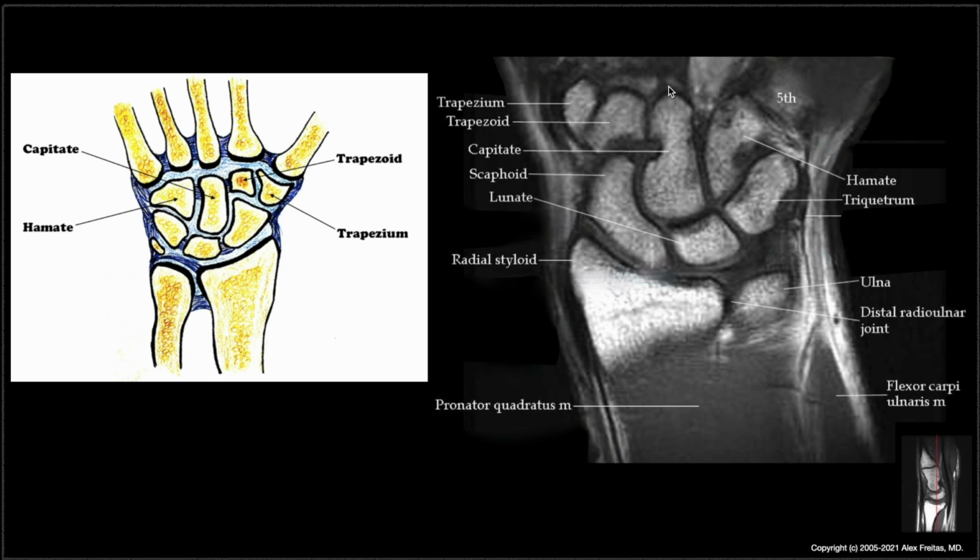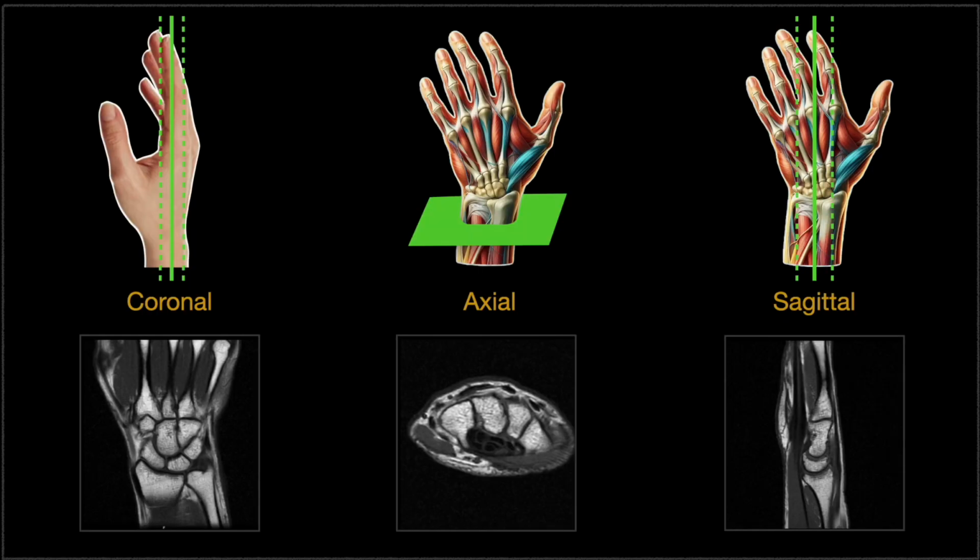And based on our knowledge, we can try to guess other bone names. So we remember that after the pisiform bone, we have the triquetrum bone, lunate bone, and then the scaphoid, the boot-like bone. Additionally, I want to talk about two structures here, which will be two muscles, pronator quadratus and flexor carpi ulnaris muscle. Next, we will talk about the axial plane.